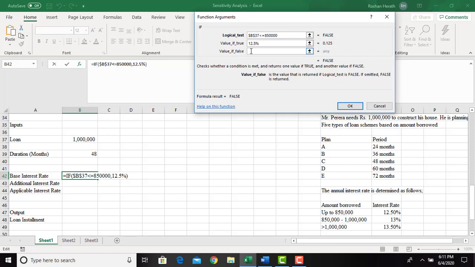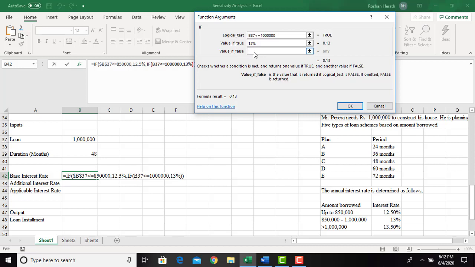Then if the value is false, you have two more things to be considered. So you have to take another IF, right? You may go to the name box and click that, take another IF. Then you can check whether this amount is less than or equal to 1 million. Then if true, the applicable interest rate is 13%.